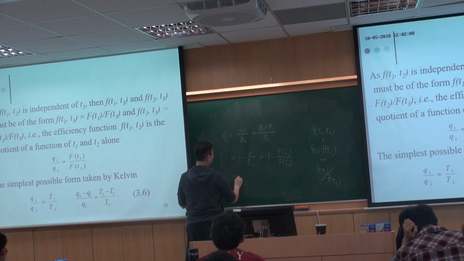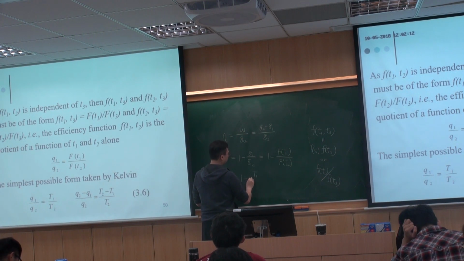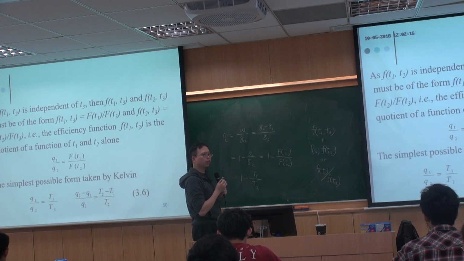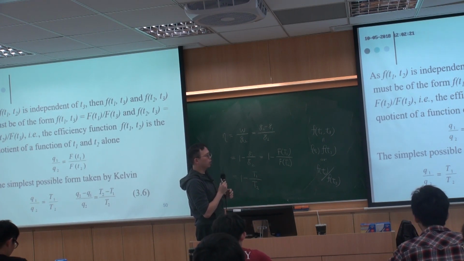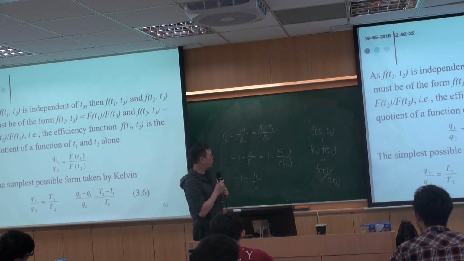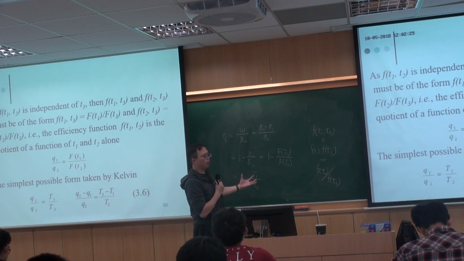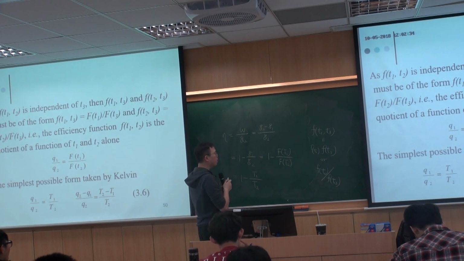Eventually Kelvin proposed that this is simply just temperature, although we don't know what temperature this is. Eventually we'll see that this is the reason why we call this the Kelvin scale for the absolute temperature, because this is where this temperature scale is defined.